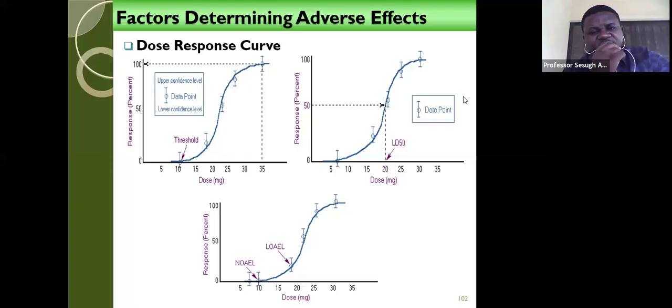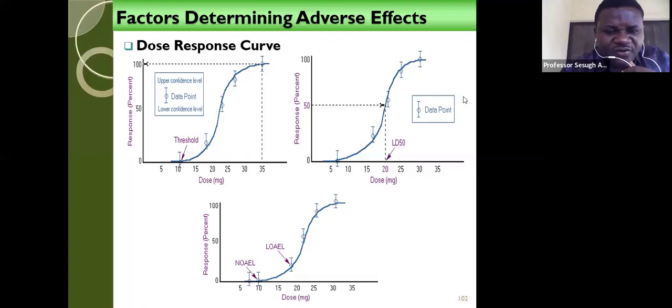And the response was recorded in percentage. That is 0 to 100. Now, when those values were plotted, a number of information can be deduced from here.